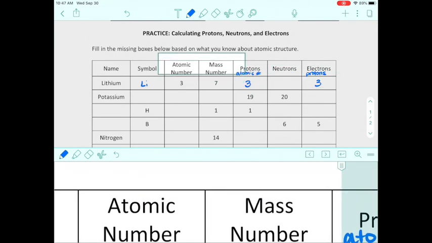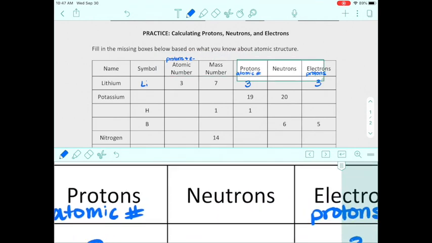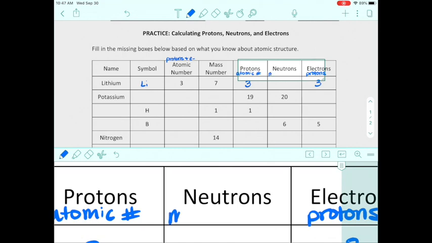Okay. So this is protons and electrons. Ran out of room there, so I did the little symbol. Okay, and the neutrons we can figure out by doing mass number minus the protons, or mass number minus the atomic number.